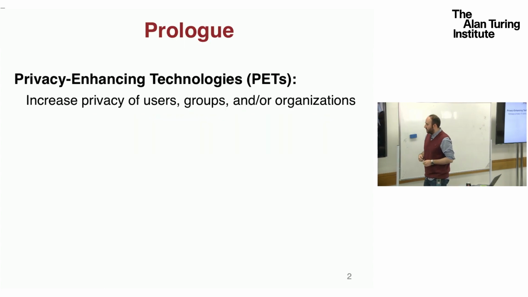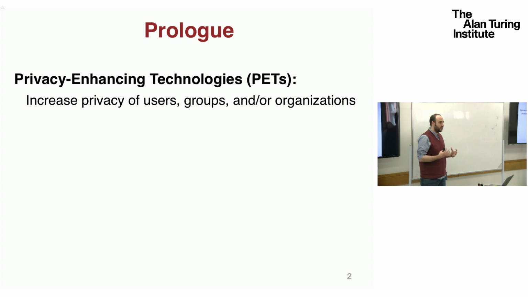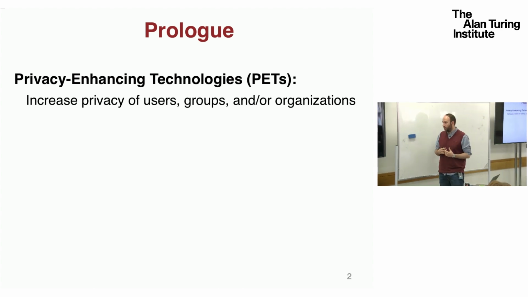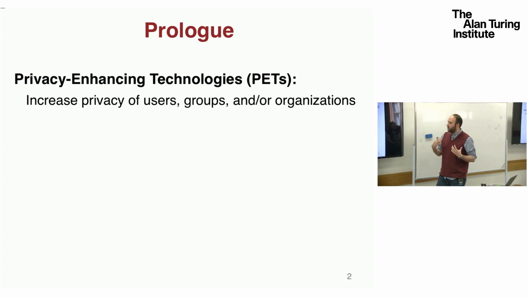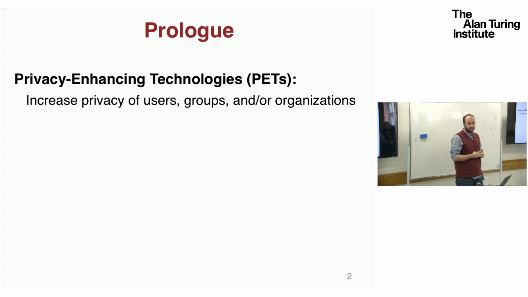Okay, so let me first start with a broader consideration as to what motivates this line of work. My background is in privacy-enhancing technologies, as with many people I recognize in this room, where typically the goal of people working in this field is to increase privacy of users, of groups, of organizations in various forms, right?